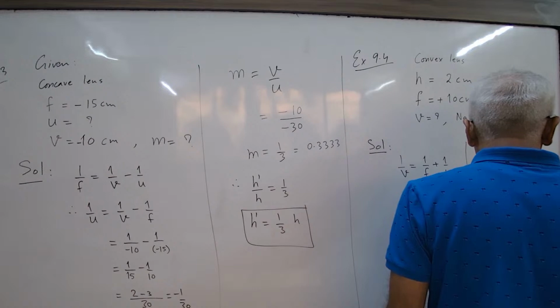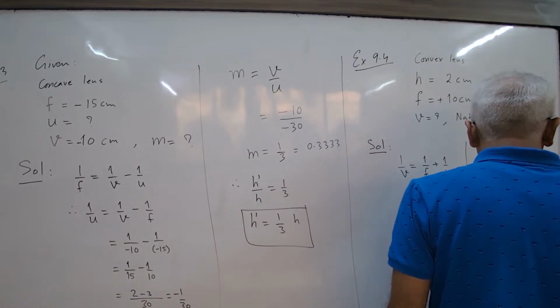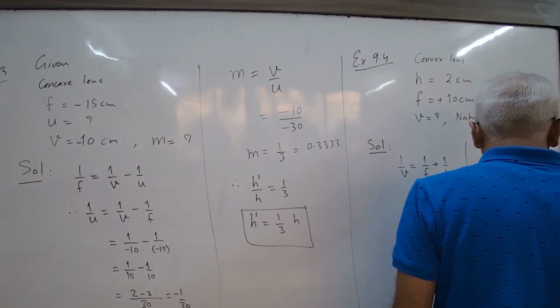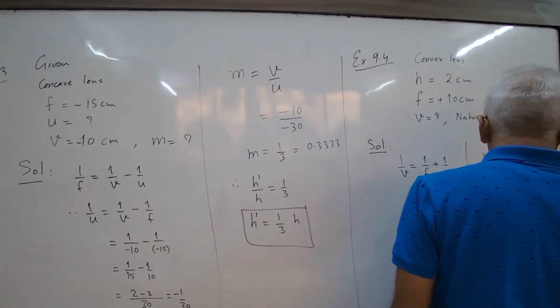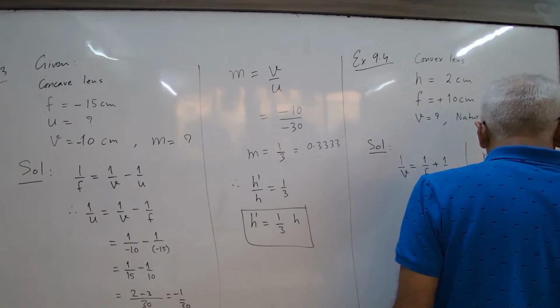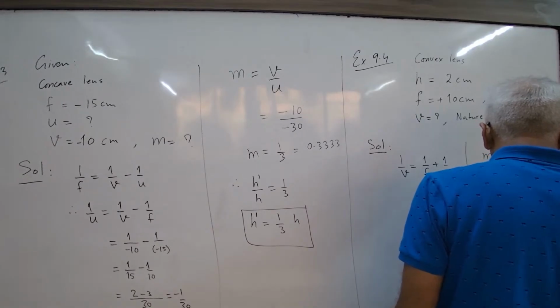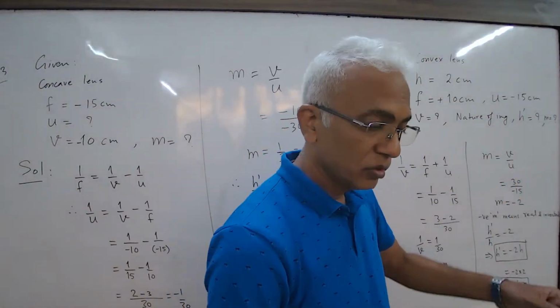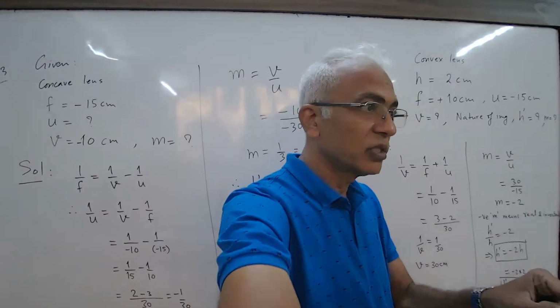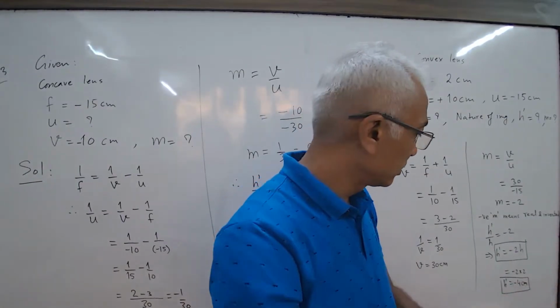Now look at what is H dash. H dash is equal to minus 2 times H. How much is H? 2 centimeters. So it is minus 2 into 2, minus 4 centimeters. H dash is image size. So image size is minus, so it is below the principal axis. Okay, got it?